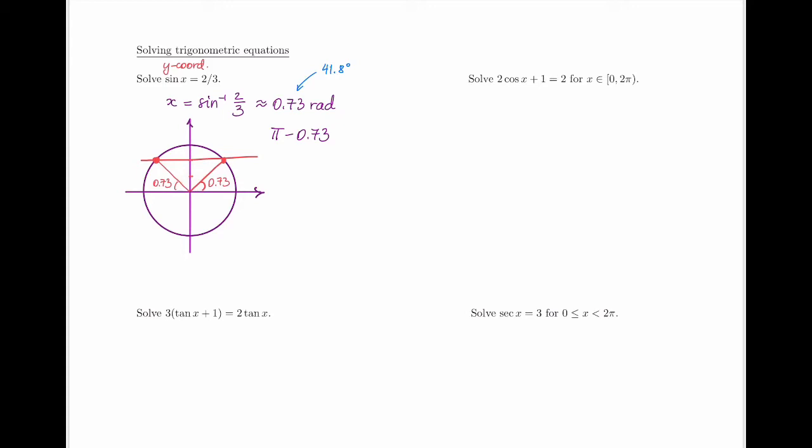Now, there is yet another piece of information that we haven't addressed yet, and that's the fact that this equation came with no restrictions on solutions, which means that I'm not restricted to just the first rotation of the circle. I have to provide solutions for any number of rotations. So this is a solution to the above equation, or this angle rather. But so is the angle if I go full circle and then stop here.